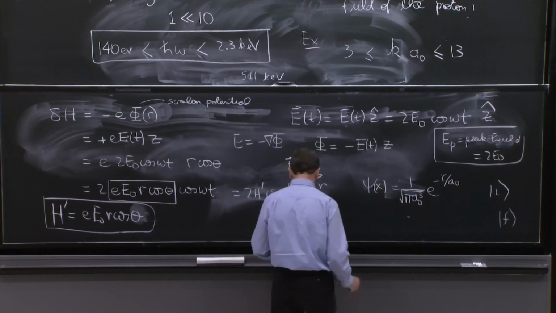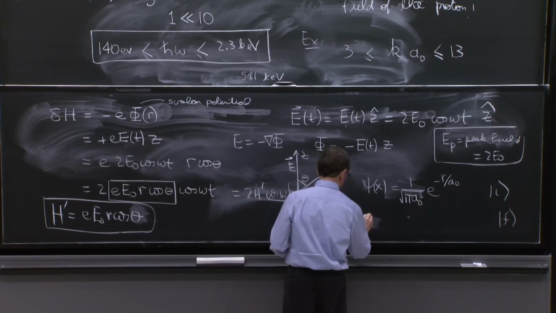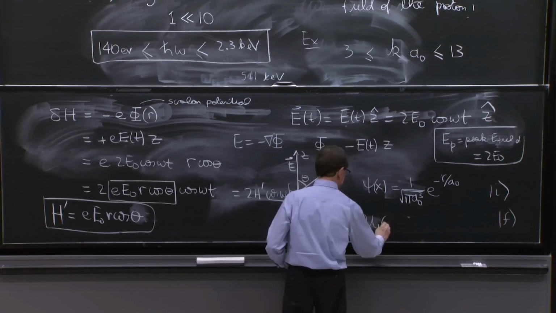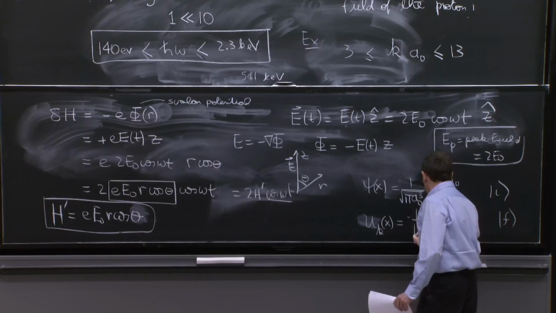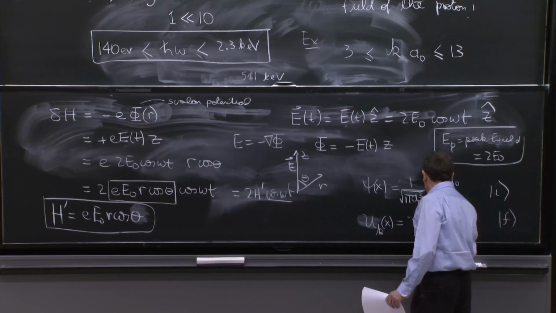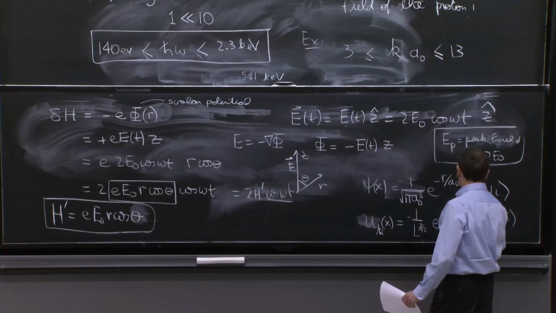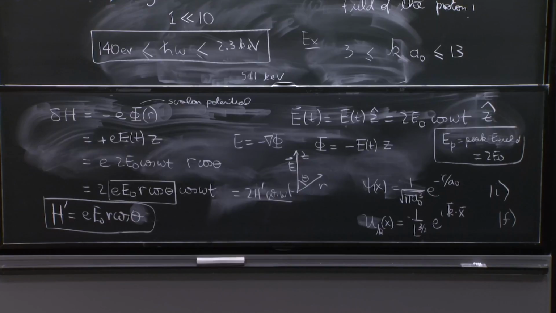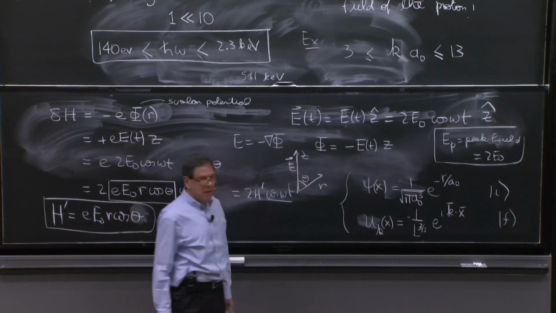So you could call them psi or u sub k of the electron, and it would be 1 over L to the 3/2 e to the i k of the electron times x. These are our initial and final states.